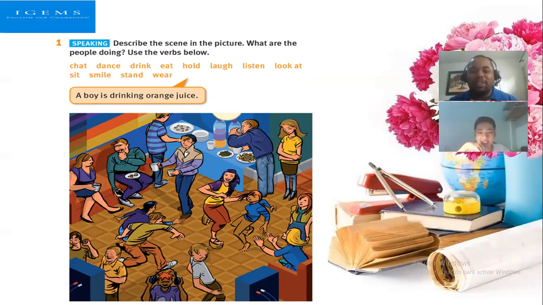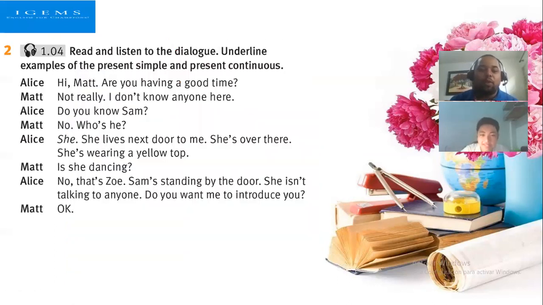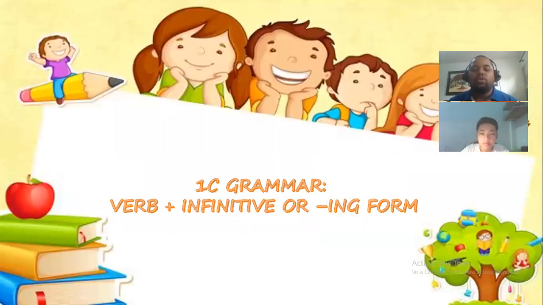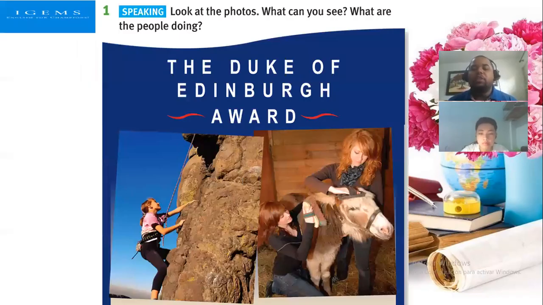I still remember their dancing style. They were super happy. So also we performed this conversation. We did these exercises, and today we are going to continue with a new topic.